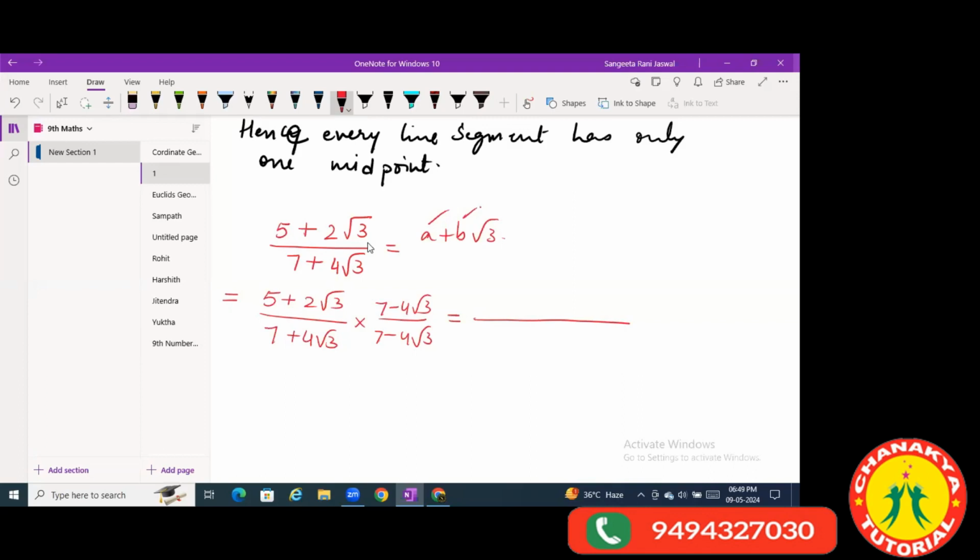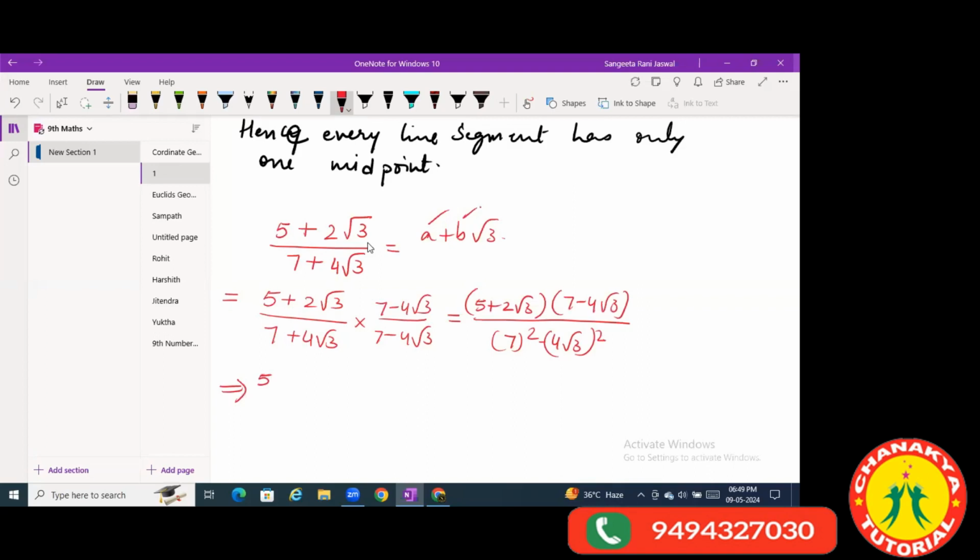When you are rationalizing this, this will become 7 square minus 4 root 3 square, like this. And in the numerator, you will have these two things. You open the brackets and multiply them. This will be 7 minus 4 root 3, like this. In the next line.